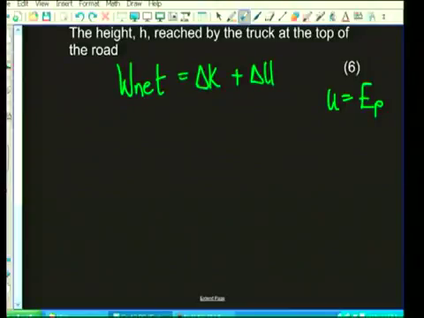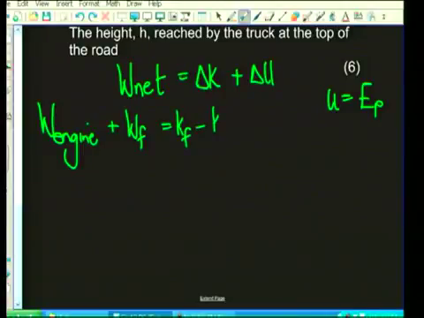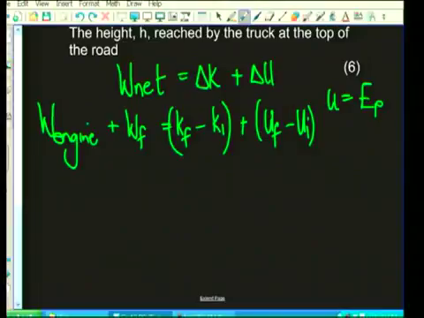My net work is going to be the work done by my engine plus the work done by friction, which we're okay with. Delta K is going to be final minus initial, plus final minus initial. We're doing okay so far?